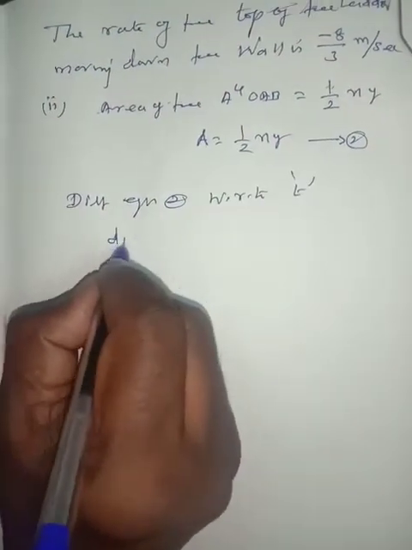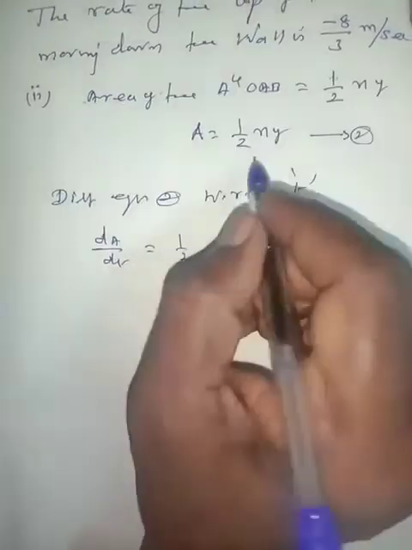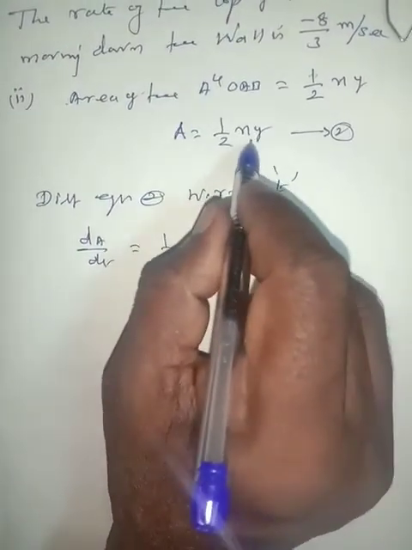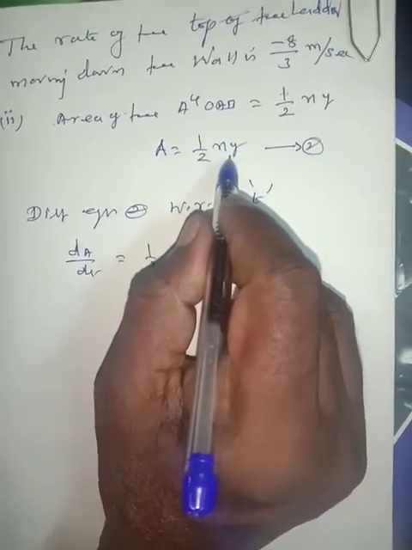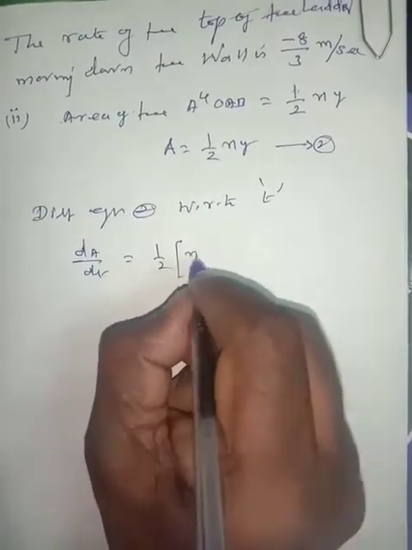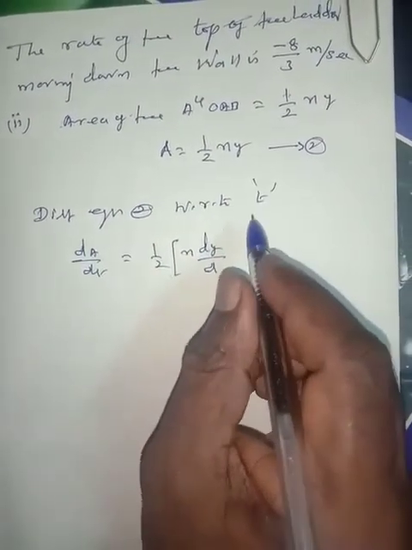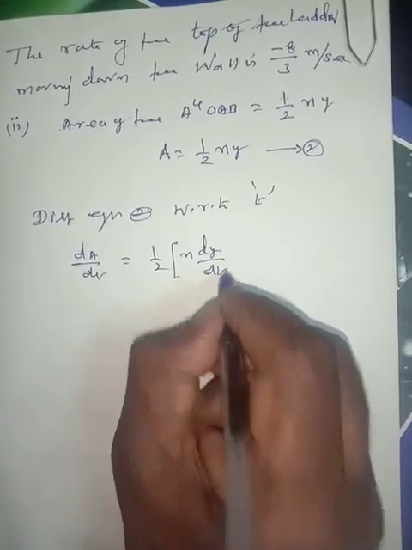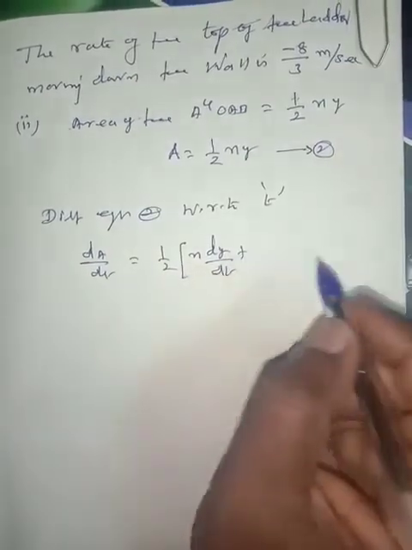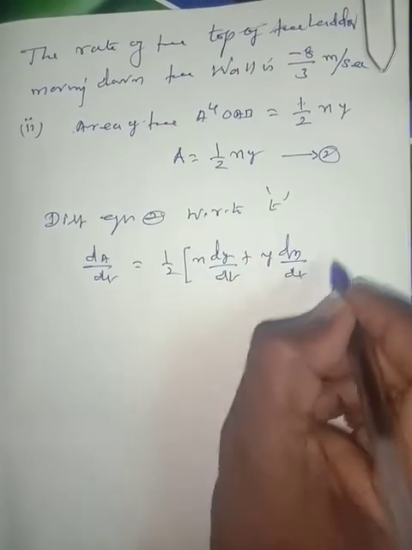dA by dt is equal to 1 by 2, using the uv formula. Differentiate uv with respect to t: u dv plus v du. So x dy by dt plus y dx by dt.